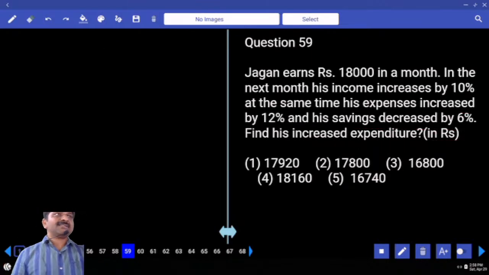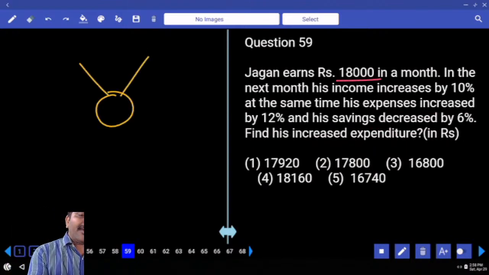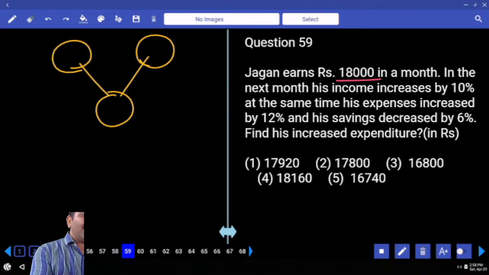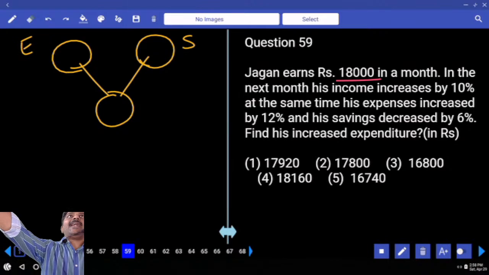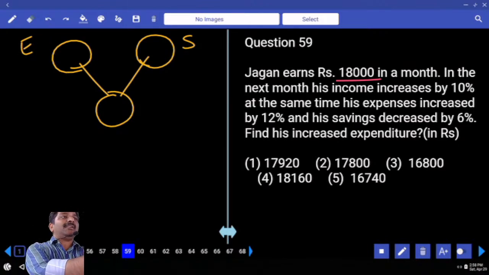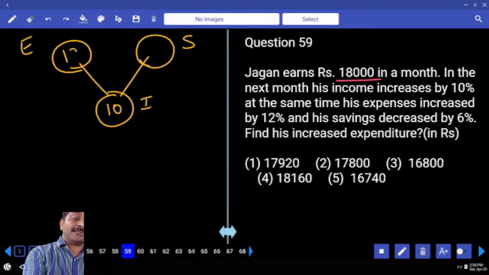Now what I'll suggest is, I'll go with alligation: expenditure and savings. If you add expenditure and savings, what do you get? Income. Income increased by what percent? 10%. Expenditure increased by what percent? 12%. Savings increased or decreased?